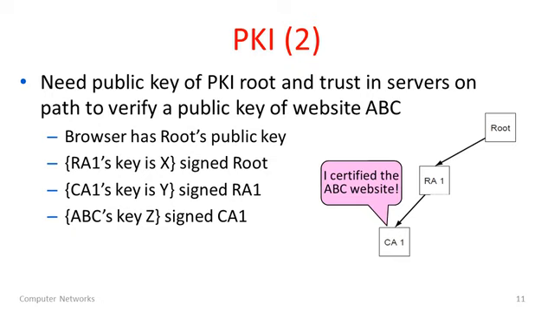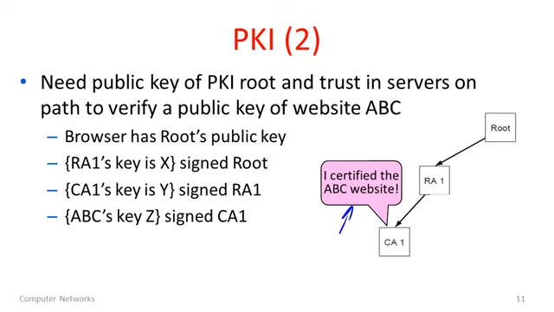So the question really is how we can verify the information that we receive in a certificate. Say you're a web browser, and you want to contact a particular website, the ABC website, and you receive from CA1 this information about the ABC website that tells you its public key. Great, you know the public key, except you haven't yet verified that it's correct, and you want to do that to make sure you're talking to the right party. So how does the browser do this?